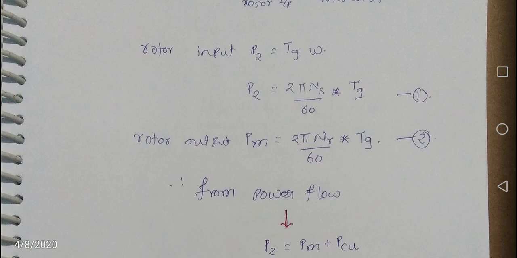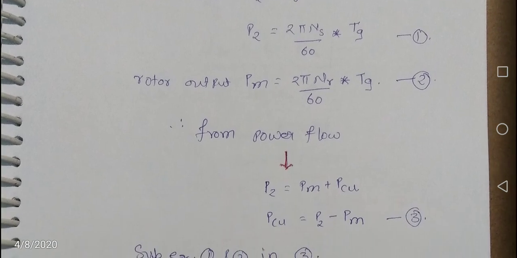But for PM, it is the actual speed of the rotor, nr. So remember that for PM the angular velocity is 2 pi nr by 60, but for P2 the angular velocity is 2 pi ns by 60. So Tz is common in equations 1 and 2.